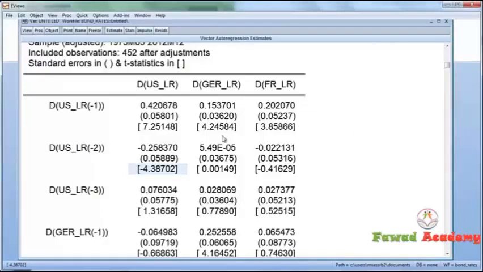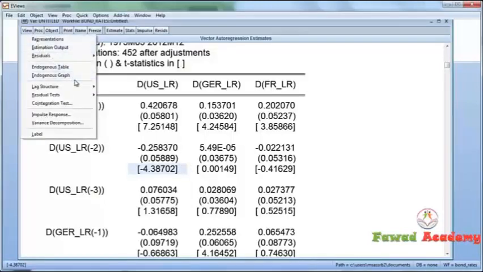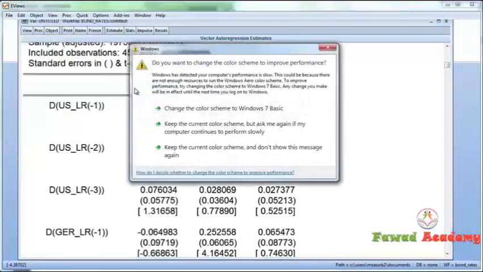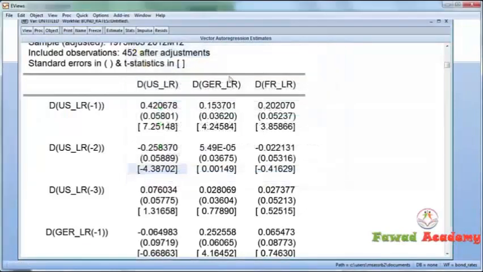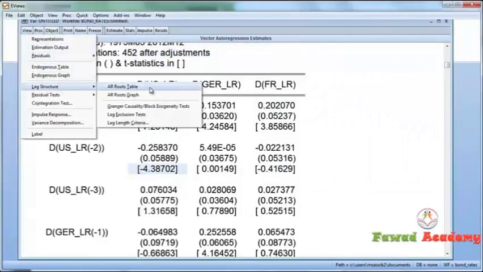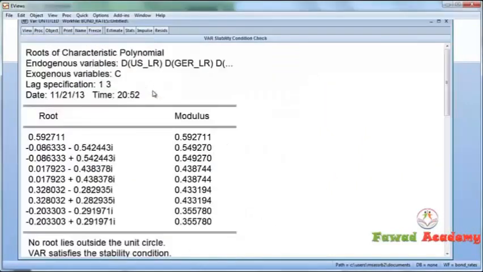What I now want to look at is whether there are any issues about the non-stationarity of the system or the stability of the system. What we'll do is we'll go to View, the lag structure and to the AR roots table.